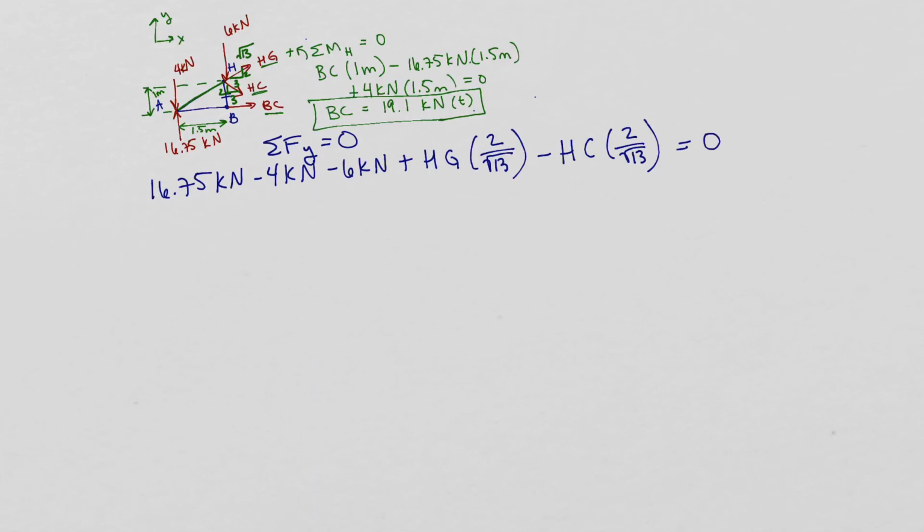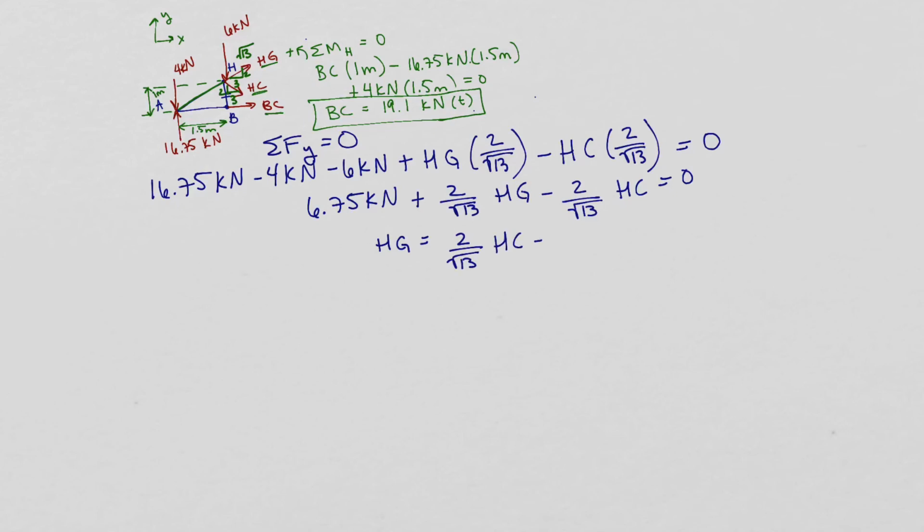So now we can have Hg in terms of Hc, so I'm going to pause it and calculate that. That gives us 6.75 kilonewtons plus 2 over the square root of 13 Hg minus 2 over the square root of 13 Hc equals 0. So we'll just solve in terms of Hg. Hg equals 2 over the square root of 13 Hc minus 6.75 kilonewtons, and that would be all times the square root of 13 over 2.